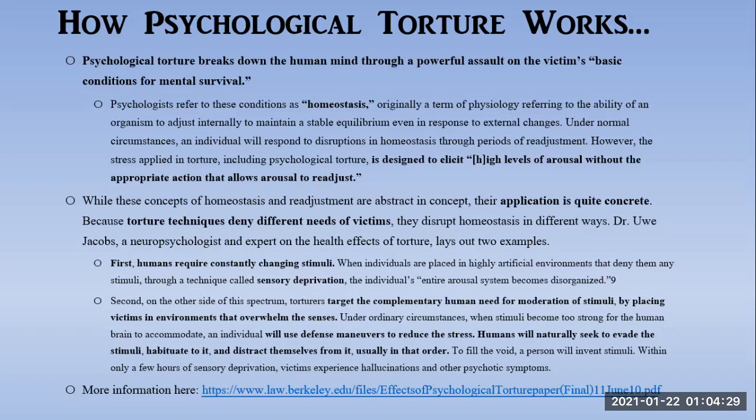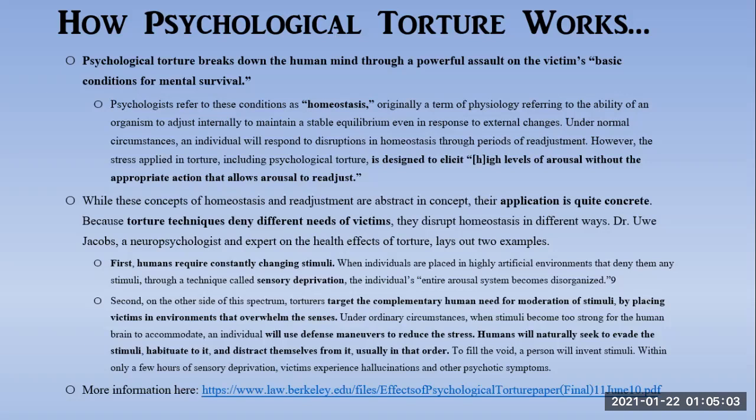Dr. Uwe Jacobs, a neuropsychologist and expert on the health effects of torture, lays out two examples. First, humans require constantly changing stimuli. When individuals are placed in highly artificial environments that deny them any stimuli through a technique called sensory deprivation, the individual's entire arousal system becomes disorganized.